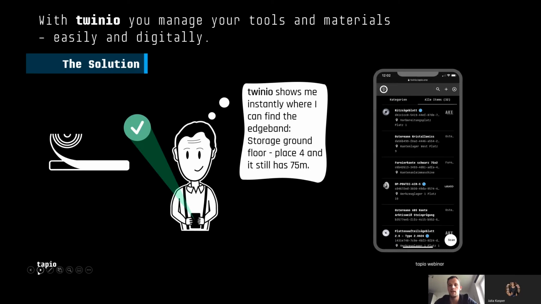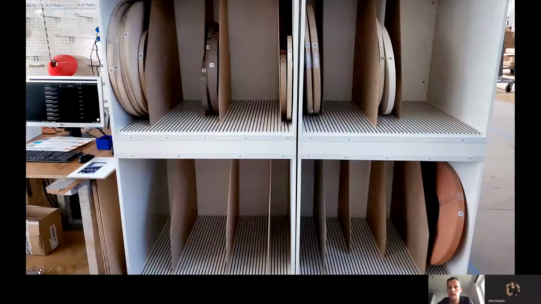And in our practical project, it looks like the picture on the next slide. We have the edge bands in a shelf and with QR codes. The QR codes are generated by Twinio to identify the edge bands easily.